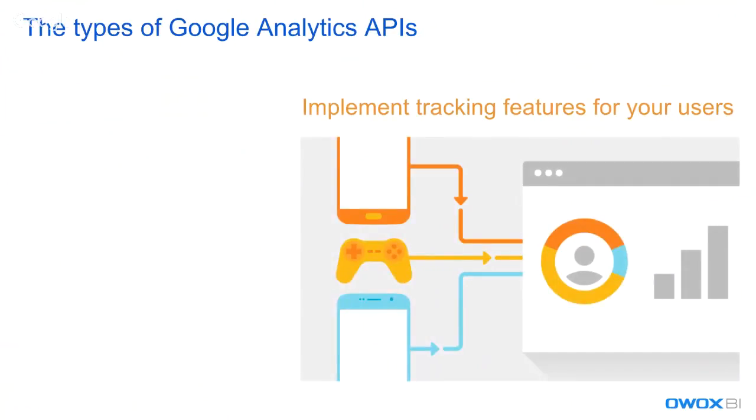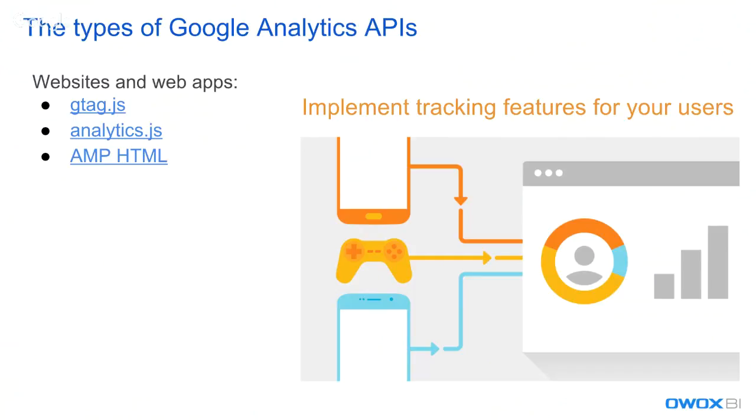The first category is APIs for implementing tracking features for your users. It contains APIs for websites and web apps, such as gtag.js, analytics.js and the API for Accelerated Mobile Pages.